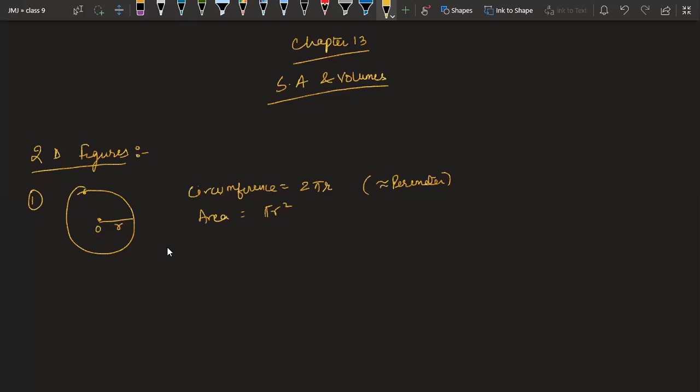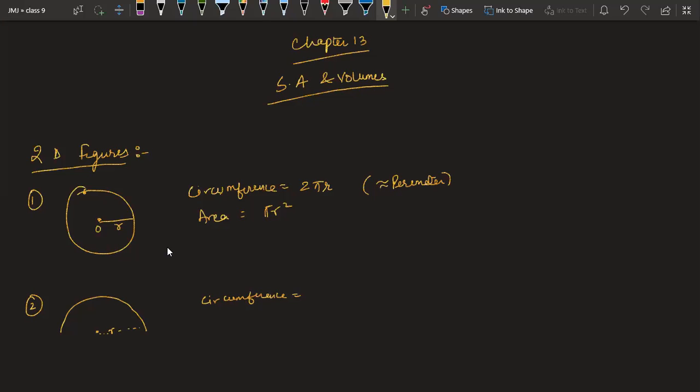Yes, it is pi r square. So this is about the circle. Second is the semicircular arc. If we have a semicircular arc of radius r, please tell me what is the circumference. Good Bhavya, good Piyush.